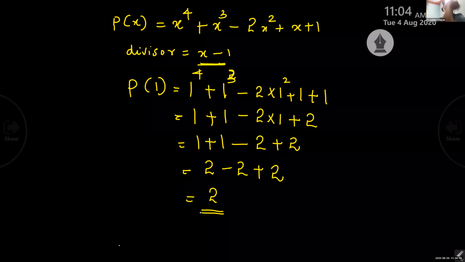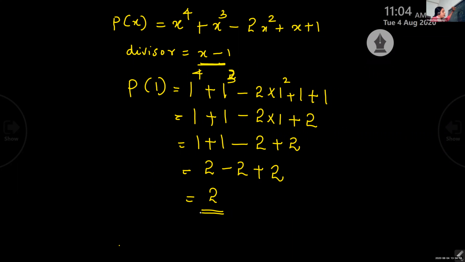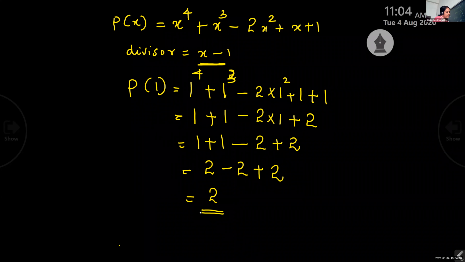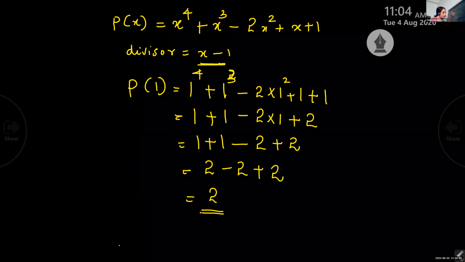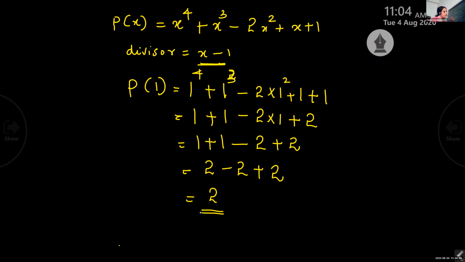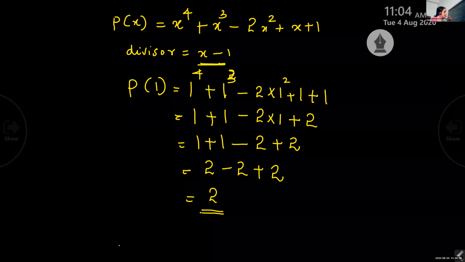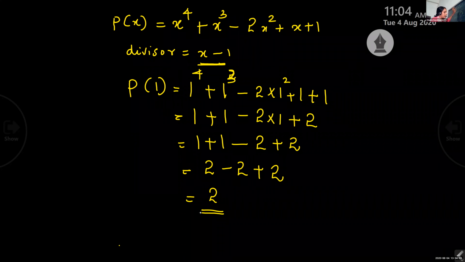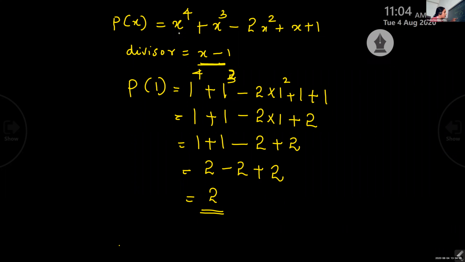Listen, you are substituting 1 instead of x. From where did you get that 1? From the divisor, x minus 1. So wherever you see x, you substitute 1. 1 raised to 4. x cube is 1 cube.